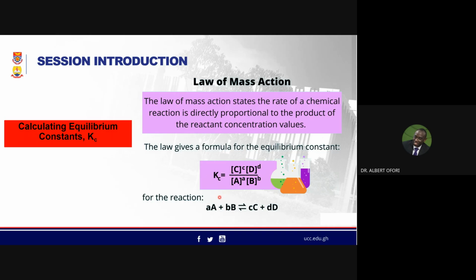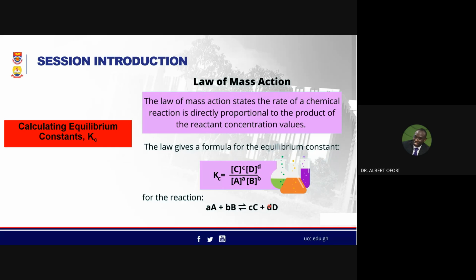And again, we said that if we have this general formula, then the equilibrium constant expression will be written as the product divided by the reactant, with each raised to the power of its order, both the products and the reactants.